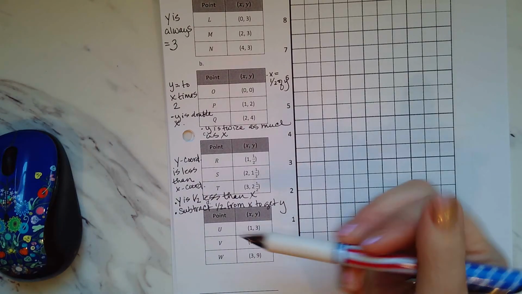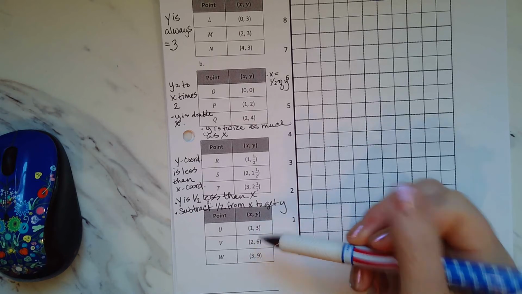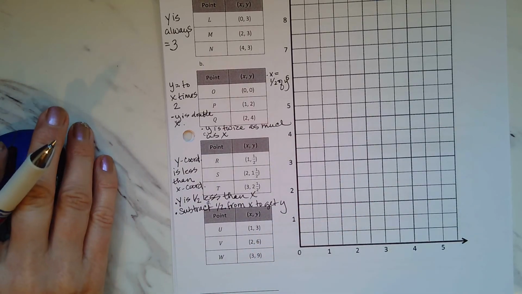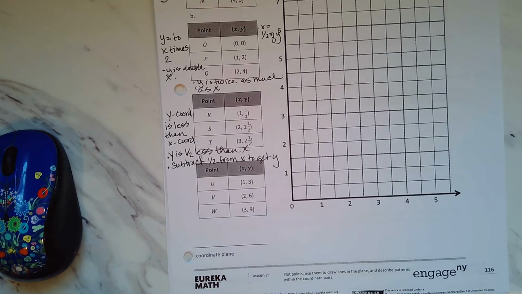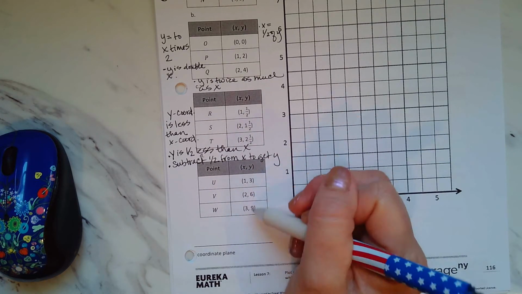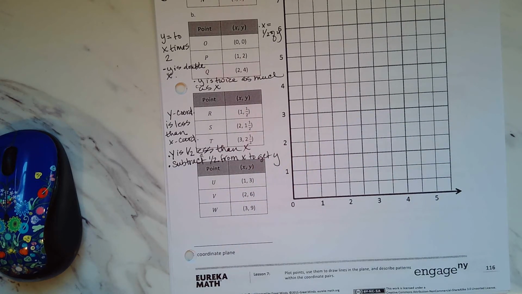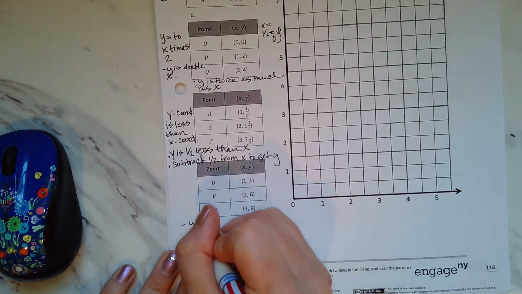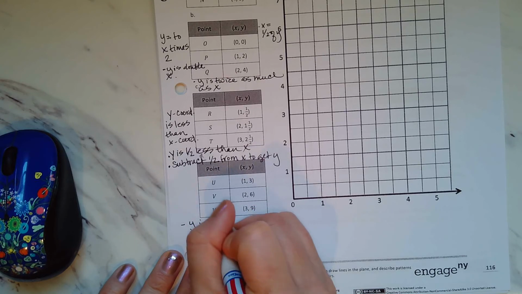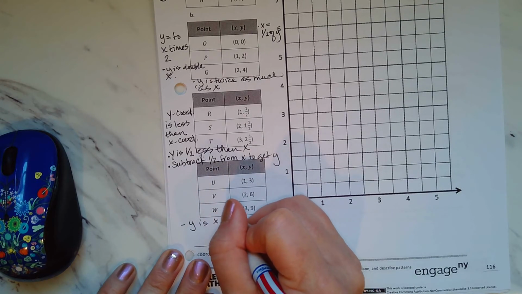What do you think the rule could be for this one? All right. Were you able to think through and decide what kind of rule, what could you write for that? How about y is x times 3?